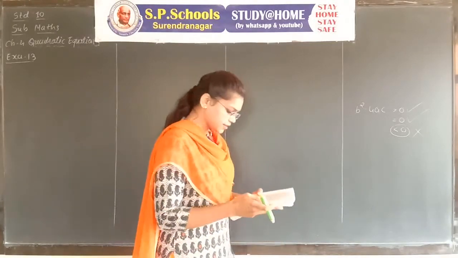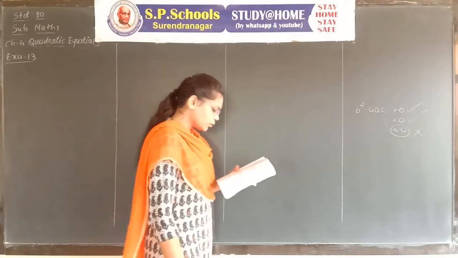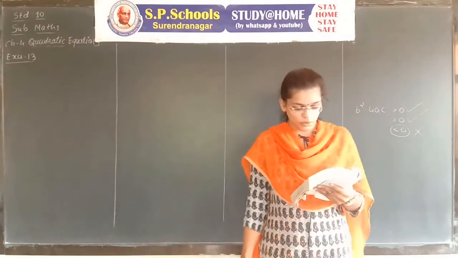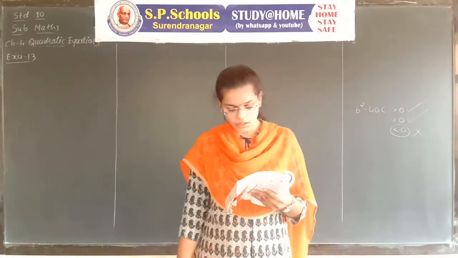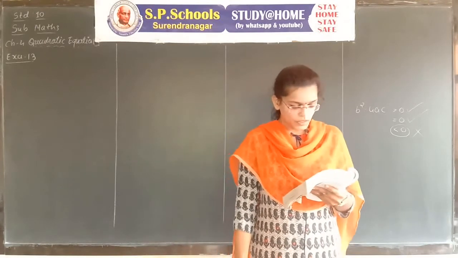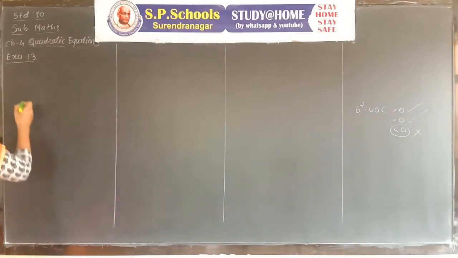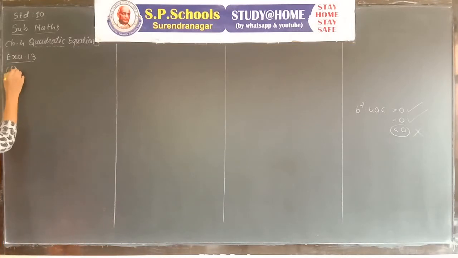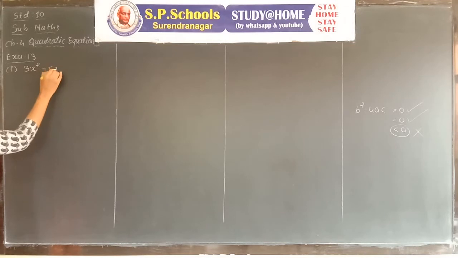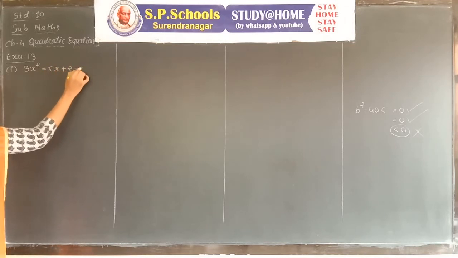Let's see example number 13. What does the question say? Find the roots of the following quadratic equations if they exist using the quadratic formula. The first one is 3x square minus 5x plus 2 is equal to 0.